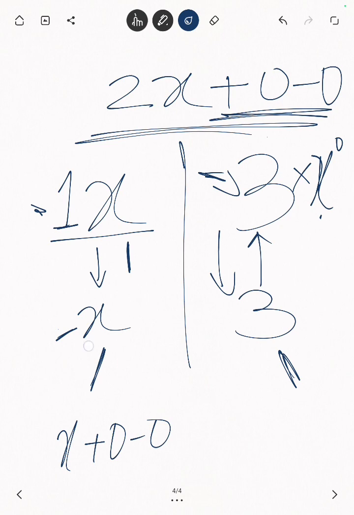What type of expression is this? Algebraic expression. It's very simple. There are two types of expressions here, basically: numerical expression and algebraic expression. Numerical expression, you are all well familiar with, but you never knew that. The operations which you are performing on numbers, those expressions are called numerical expressions.